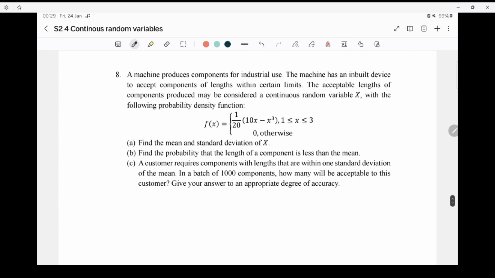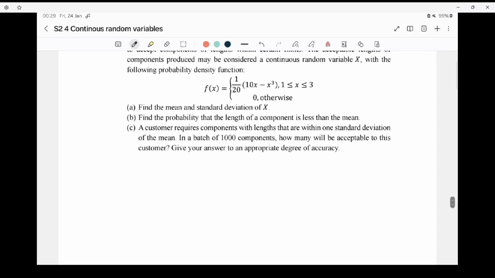The last question. A machine produces a component for industrial use. So the acceptable lengths are given by that particular PDF. Find the mean and standard deviation.